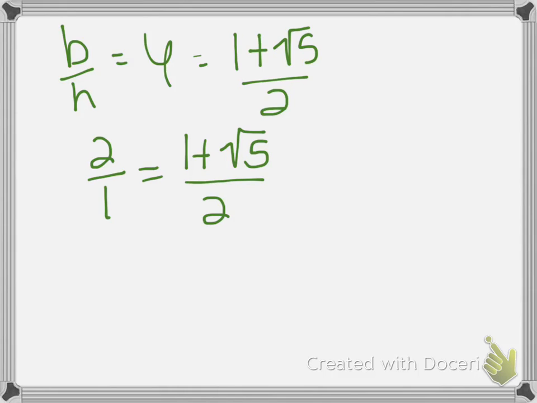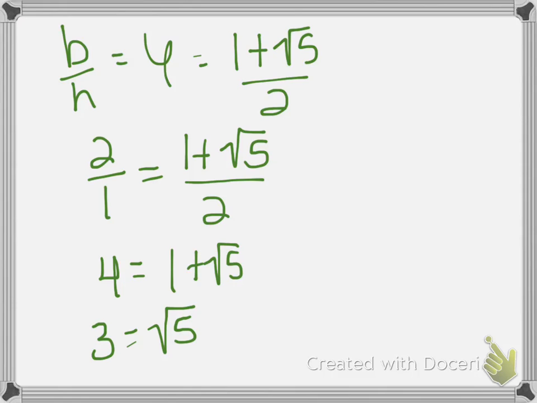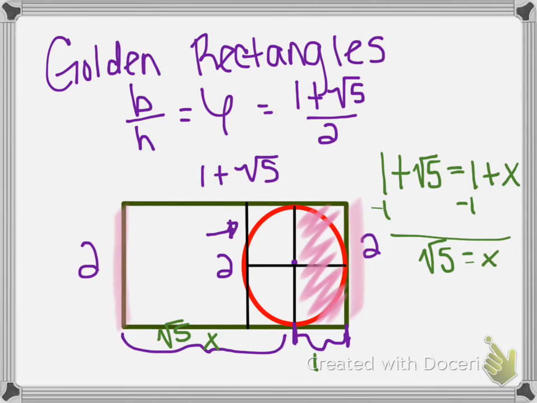Cross multiplying, we get 4 equals 1 plus the square root of 5. If we subtract 1 from both sides, we get 3 equals the square root of 5. Well, that is not a true statement. So that smaller rectangle we created there is not a golden rectangle. Base over the height does not equal phi.